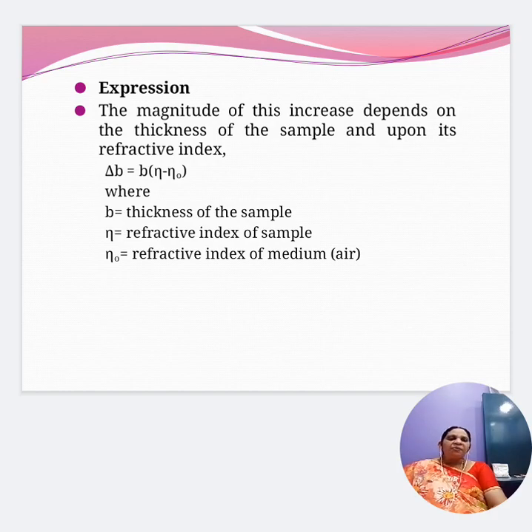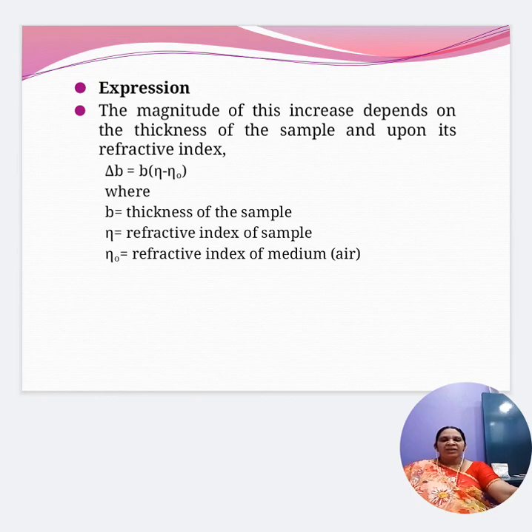B is the optical length that has increased. So delta B is nothing but B into (nu minus nu naught). So the magnitude of this increase depends on the thickness of the sample and upon its refractive index.